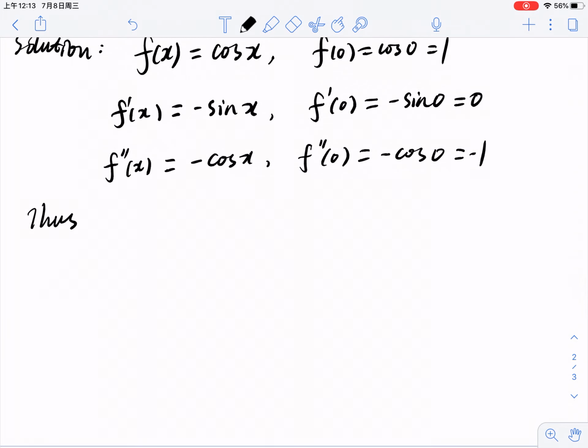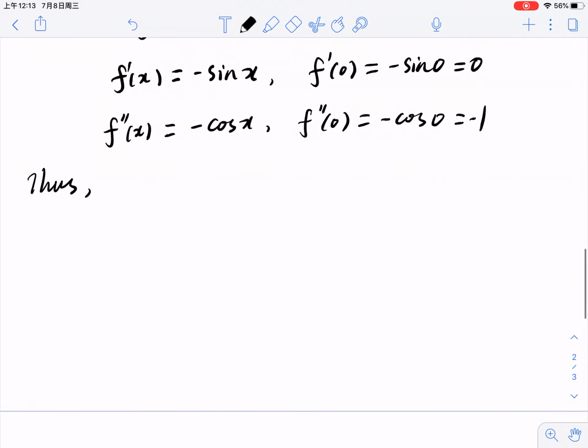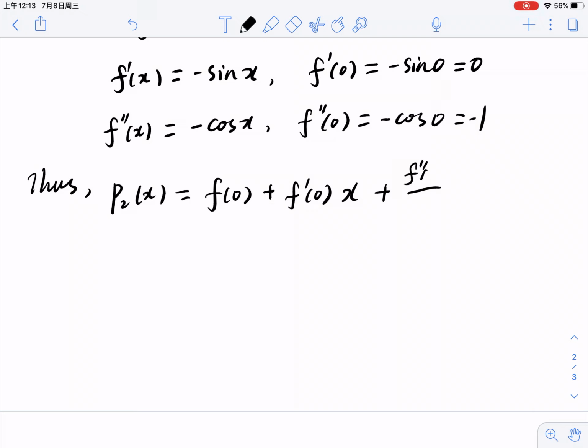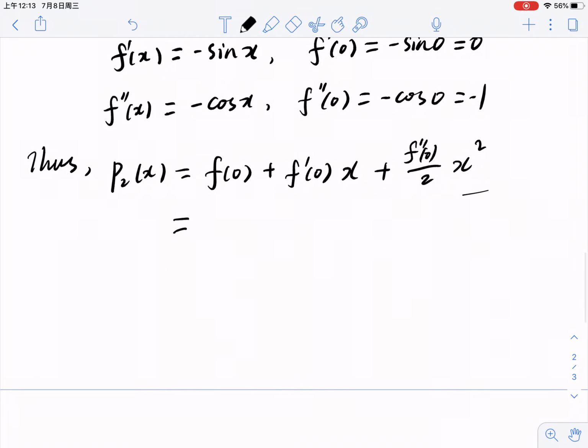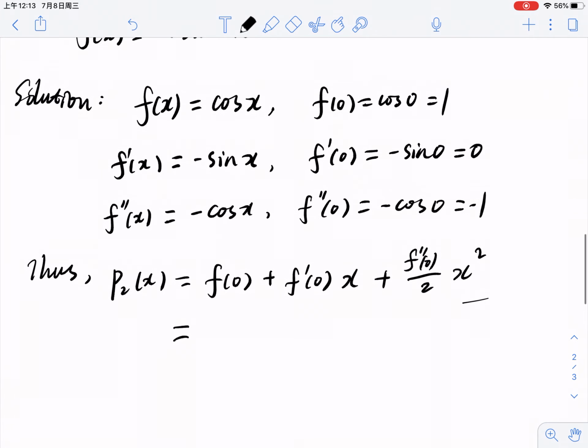So after we know f(0), f'(0), and f''(0), we can get p2(x) is f(0) plus f'(0) times x plus f''(0) divided by 2 x squared. This is our formula. Then we plug in the numbers.